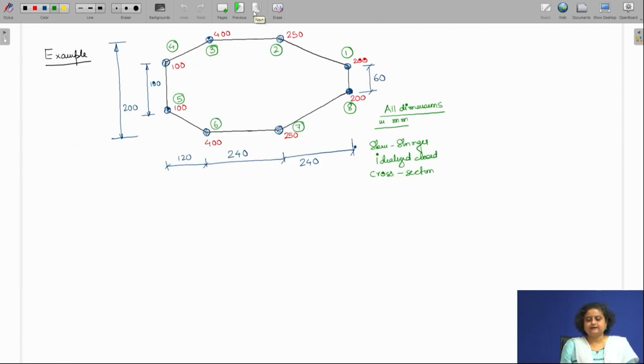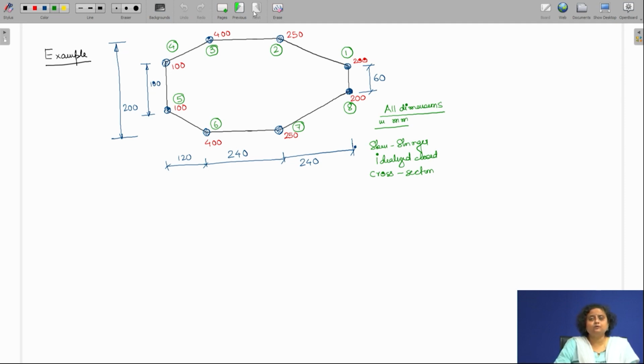So let us consider this example, which is a closed cross section, and there are booms at each corner. All the dimensions are given in millimeter. The red color number shows the area of the respective boom in millimeter square.